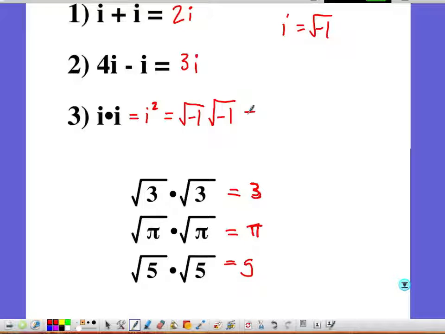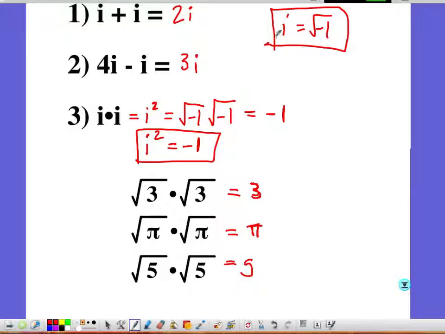And so when you're multiplying the square root of -1 times the square root of -1, that is going to be -1. In other words, i squared is equal to -1. This is something that we probably have to remember as well.